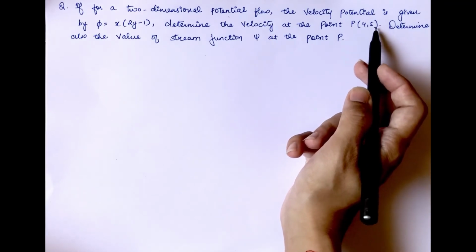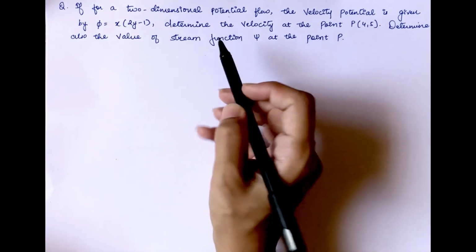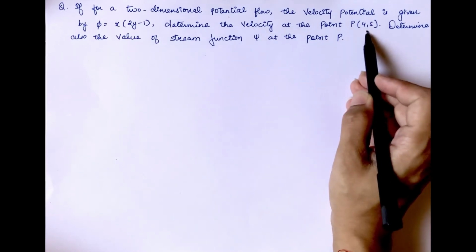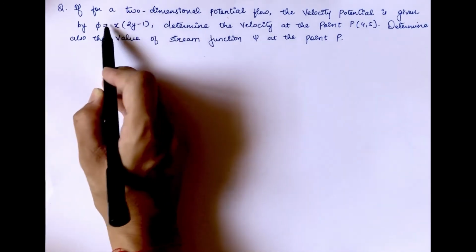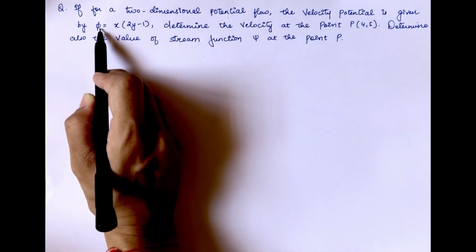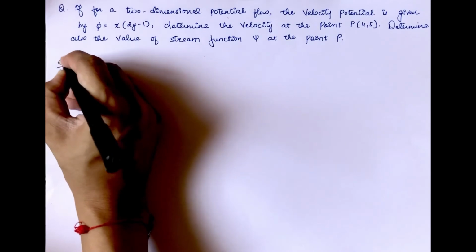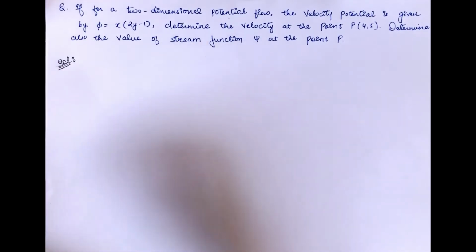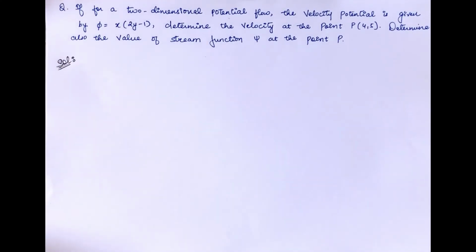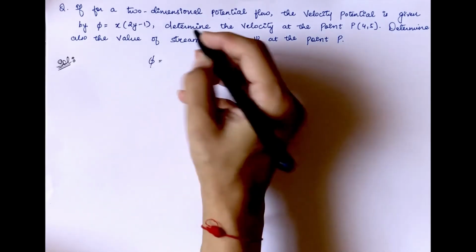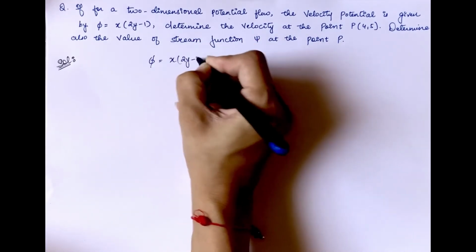First of all we need to determine the velocity at point P (4, 5) when the value of phi is given, that is the velocity potential function. So here we will write the solution. What has been given? Phi is equal to x²y minus 1.